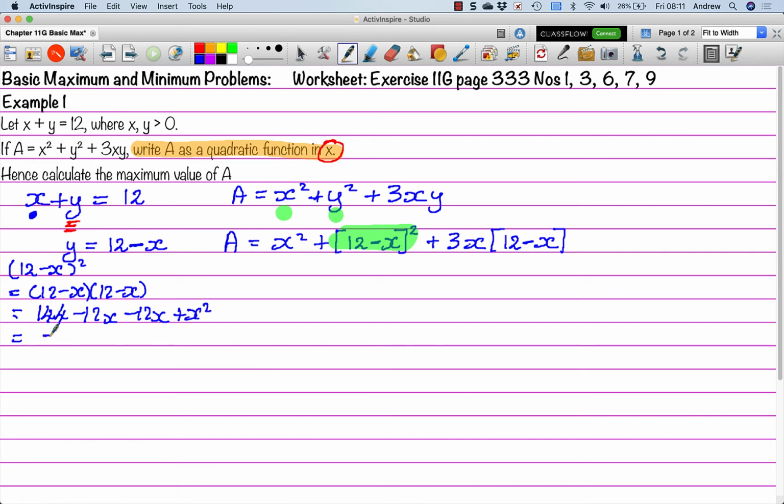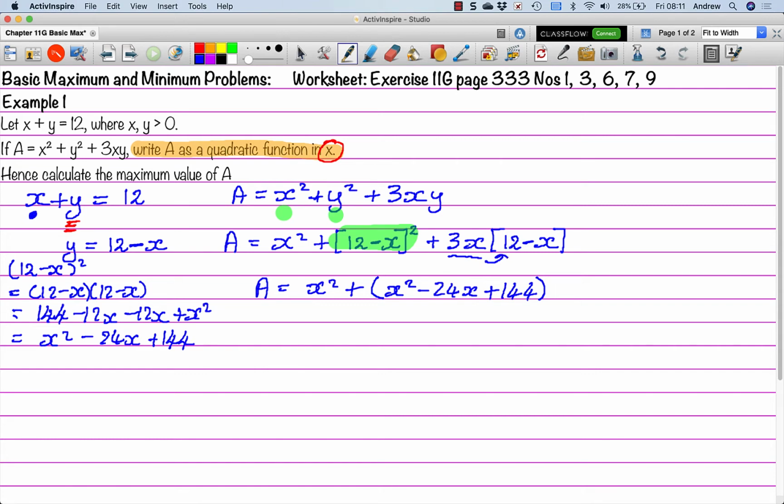Tidy it up, x squared minus 24x plus 144. Now what we're going to do is A is equal to x squared plus, open bracket, because when we substitute into brackets, x squared minus 24x plus 144. Close bracket, and then what we're going to do now is expand this one out.